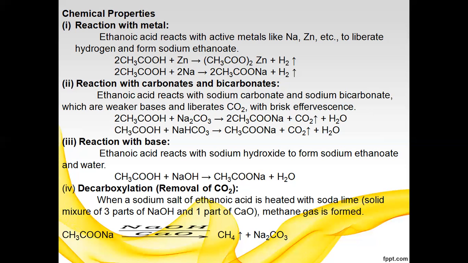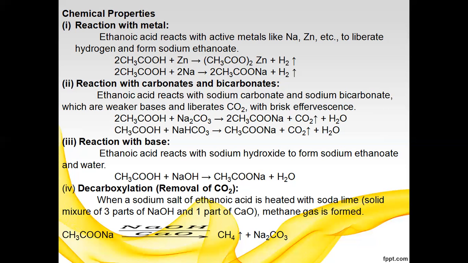Then the next one is decarboxylation. This is one of the chemical properties of ethanoic acid, that is, removal of carbon dioxide. When a sodium salt of ethanoic acid is heated with soda lime, methane gas is formed. Soda lime is a solid mixture of 3 parts of NaOH and 1 part of CaO.